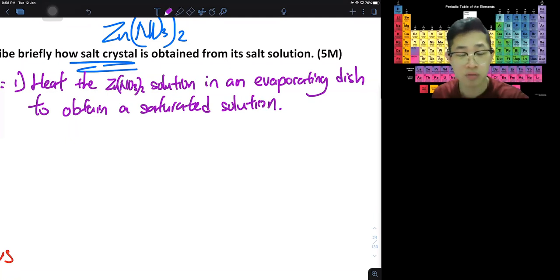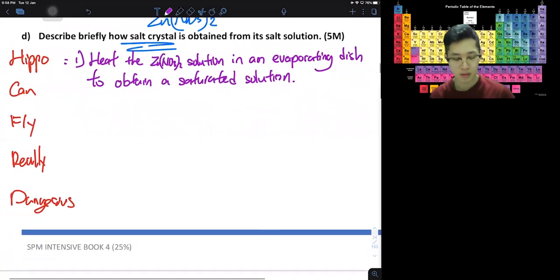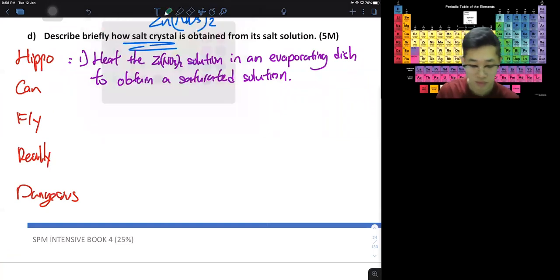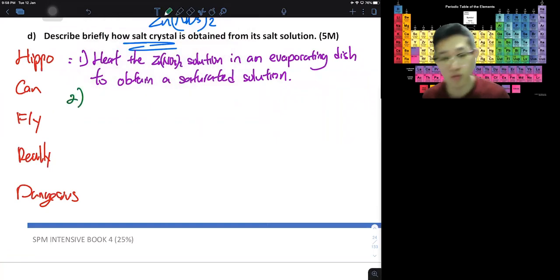Of course, if you want to add the 1/3 also can. Heat zinc nitrate solution until 1/3 of its original volume to obtain a saturated solution also can. That is the pro version.